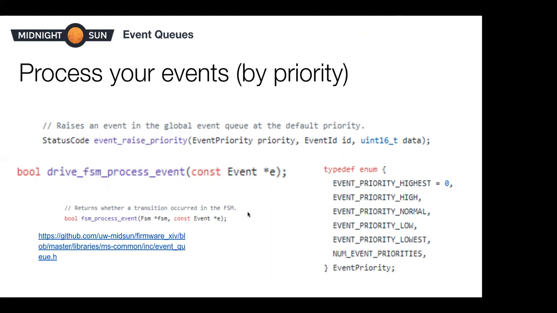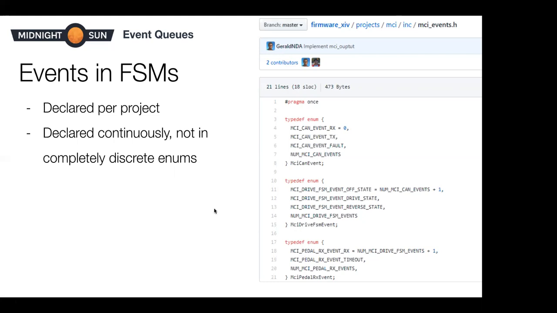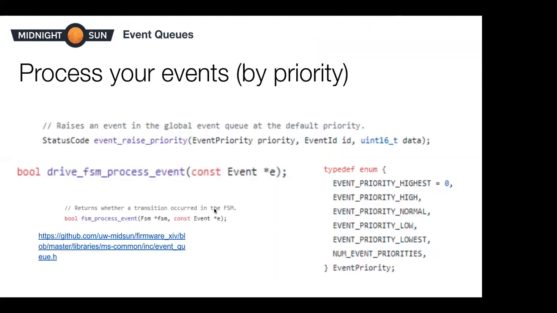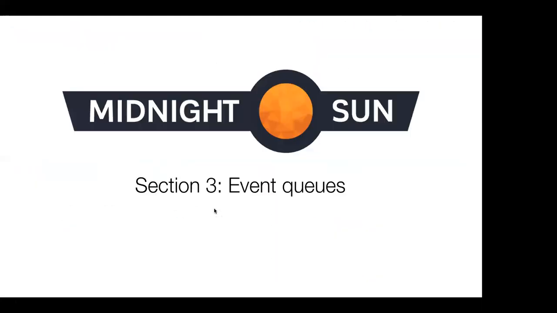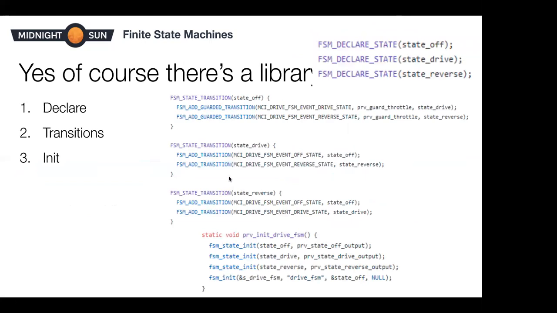So you can use events to trigger FSM state transitions. If I back up to over here, when, for example, in this example FSM, an MCI drive state FSM off state event is processed by FSM process event, it will transition if it's in state drive.